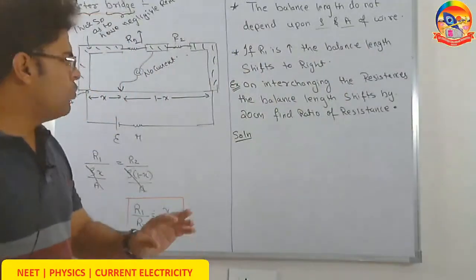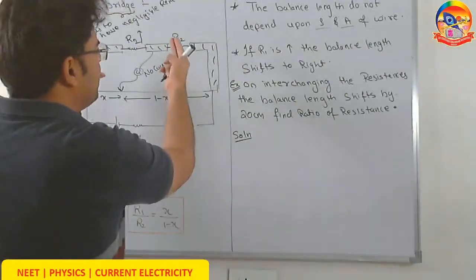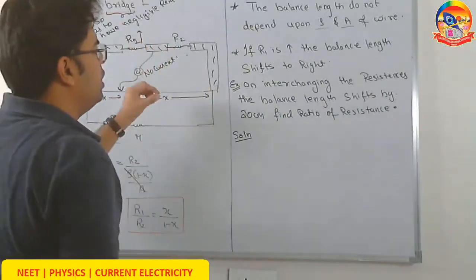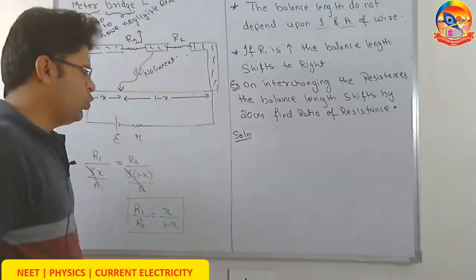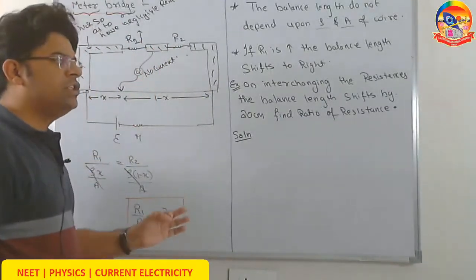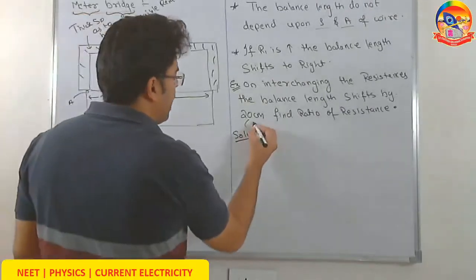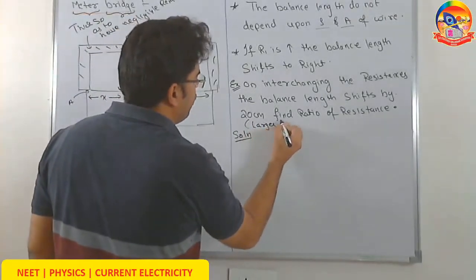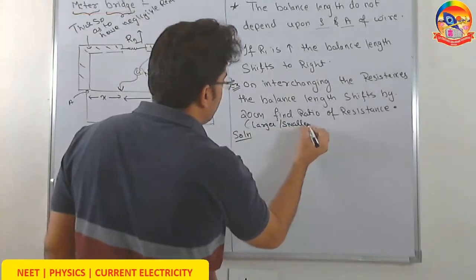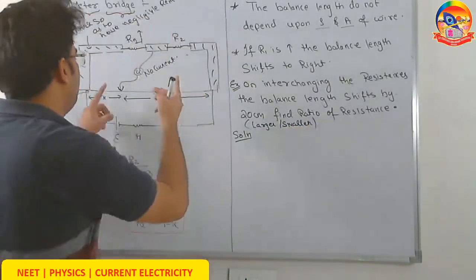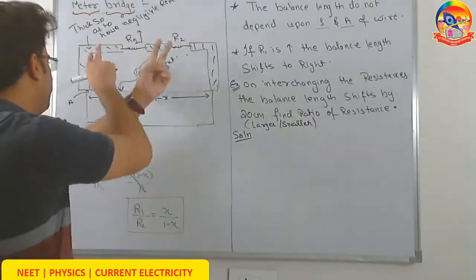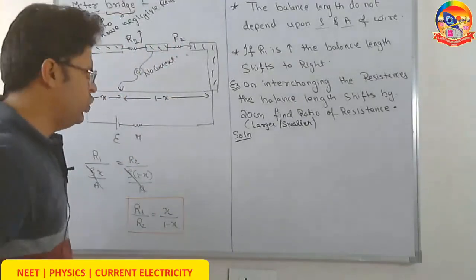Now let's do a question. On interchanging the resistances, the balance length shifts by 20 centimeter. Find the ratio of resistance larger to smaller. So let's say when you interchange the two resistances, the balance length shifts by 20 centimeter.